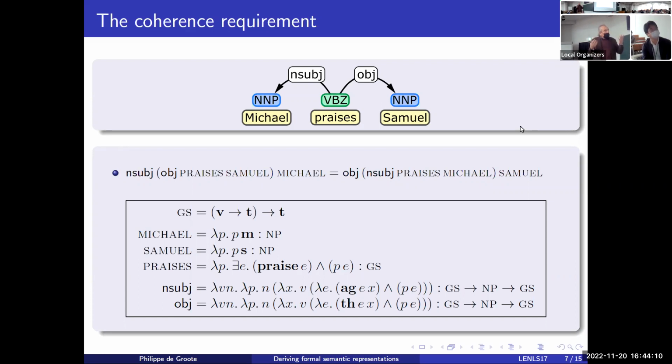A way out of this has been proposed by Champollion. It consists of interpreting a sentence as a set of events. The way the verb would be represented as a set of events is a function; it's completely standard.